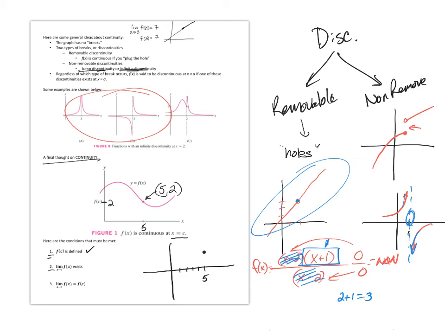Now, condition 2 says the limit as x approaches c of the function exists. c in our case is 5. So what we're saying is that as our function comes in toward an x value of 5, it's got to agree that it's heading toward a particular y value. So let's say there's 1, 2, 3. If we drew this and I had a curve coming up here, and as x got close to 5, the y values were coming in and getting close to this number right there.